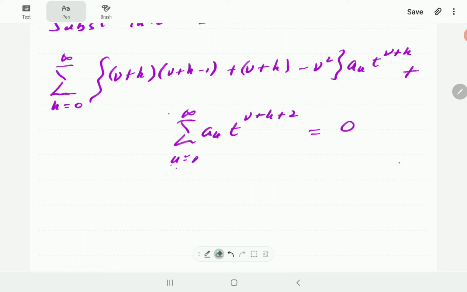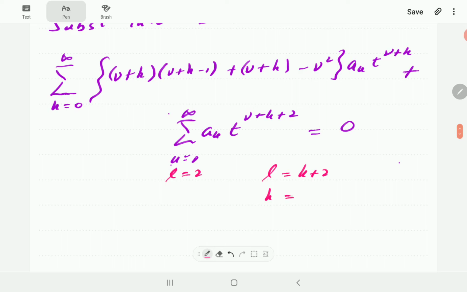Now, the first thing we're going to need to do here is to make sure that the powers of t are the same. See, this one has got plus 2. So what we're going to do is let k plus 2 be a new dummy variable. So if you let k plus 2 be L, then when k is equal to 0 here, L is going to be equal to 2.